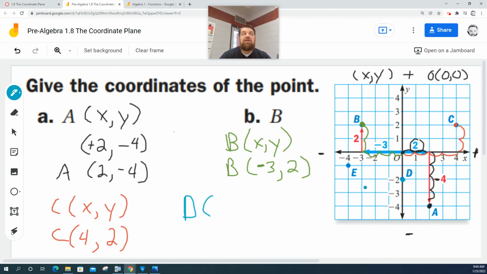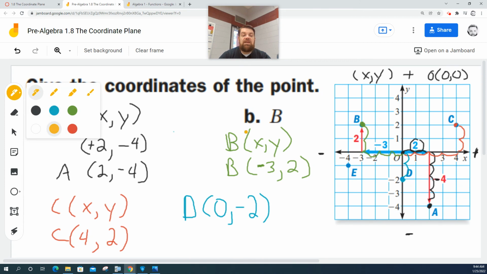No. So how many units do I move in the x direction? 0. Now, to get to D, how many units do I move in the y direction? 1, 2 units down. When I go down, is that positive or negative? Negative. Very good.